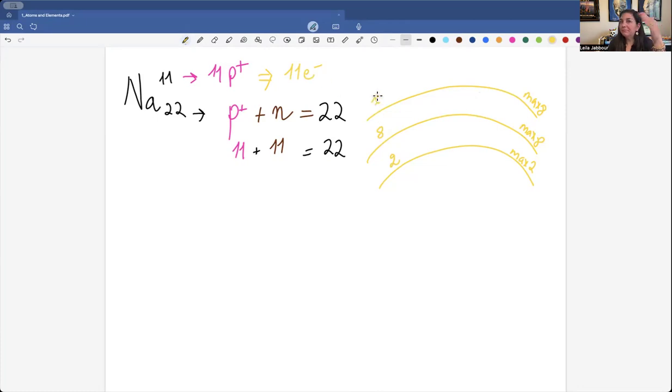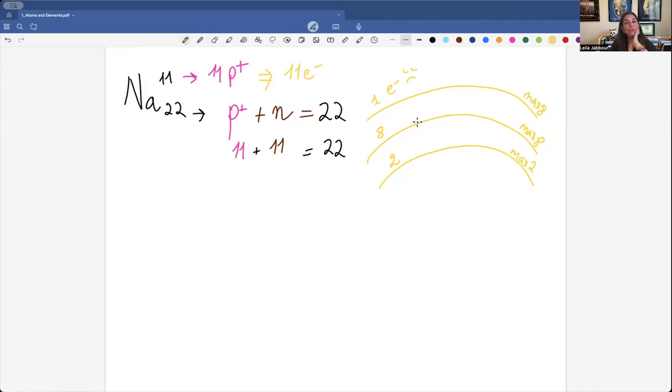What do we do with it? We have to tell him to go up there on the third shell and just kind of fly around by yourself up there, because that's the rule. We cannot put you with those 8, and not with those 2, and not with those 8. So for sodium, we have 1 lonely electron flying all by itself out there.